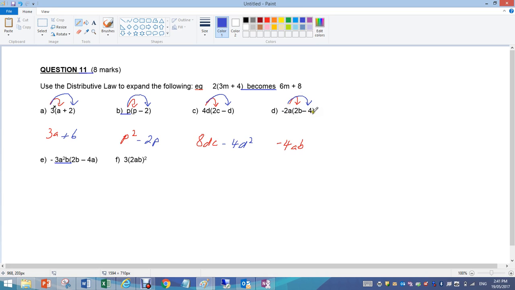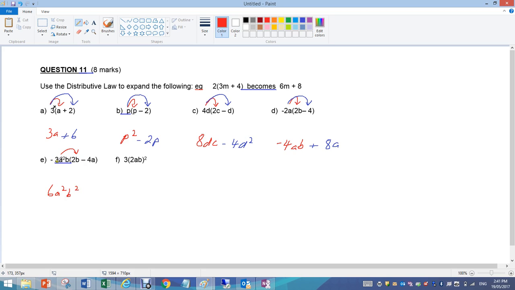Minus 2A times minus 4, so let's just do 2 times 4, that's 8, and then don't forget the A, and then because it's minus 2A times minus 4, the minus minus actually becomes a plus. Minus 3A squared B times 2B, so the numbers, 3 times 2 is 6, A squared, B times B is B squared.